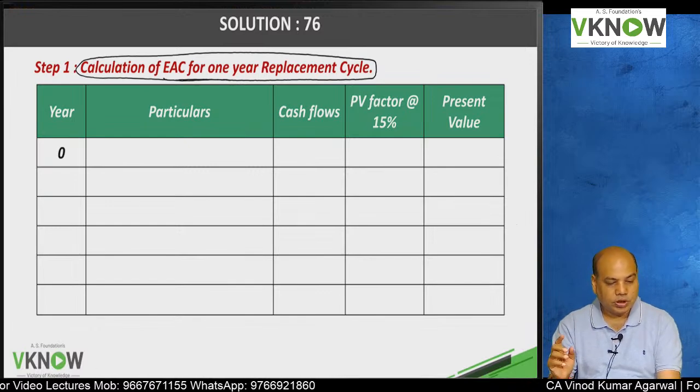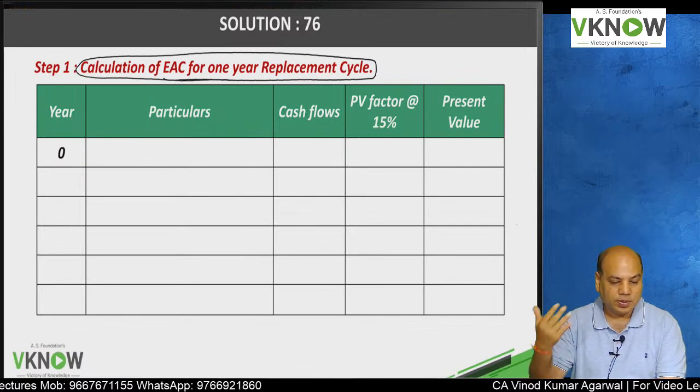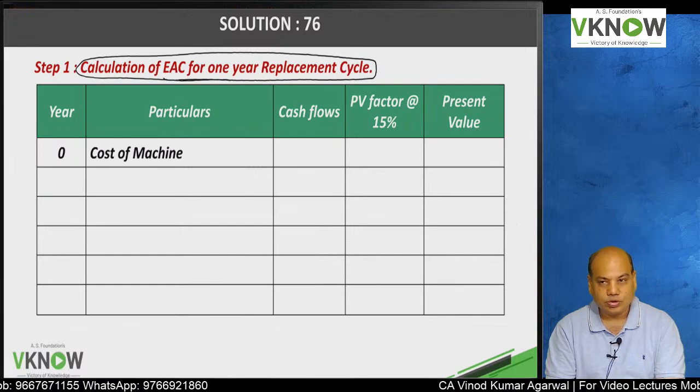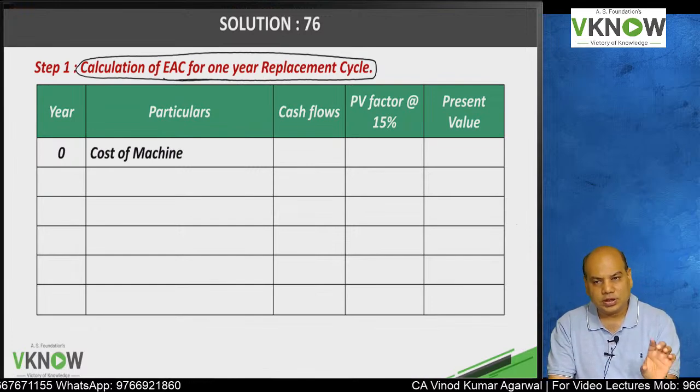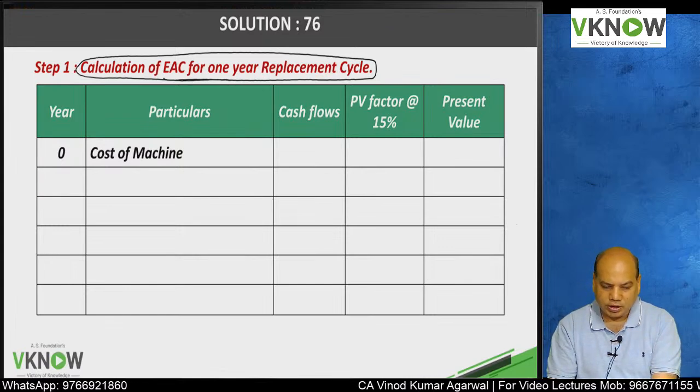So if you use this machine just for 1 year and then replace it by a new asset, what are the various cash flows associated? You only have to consider year 0 and year 1.